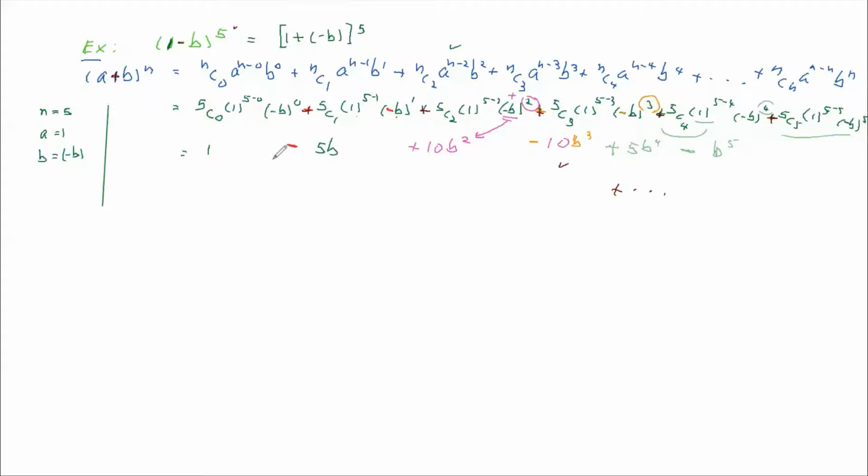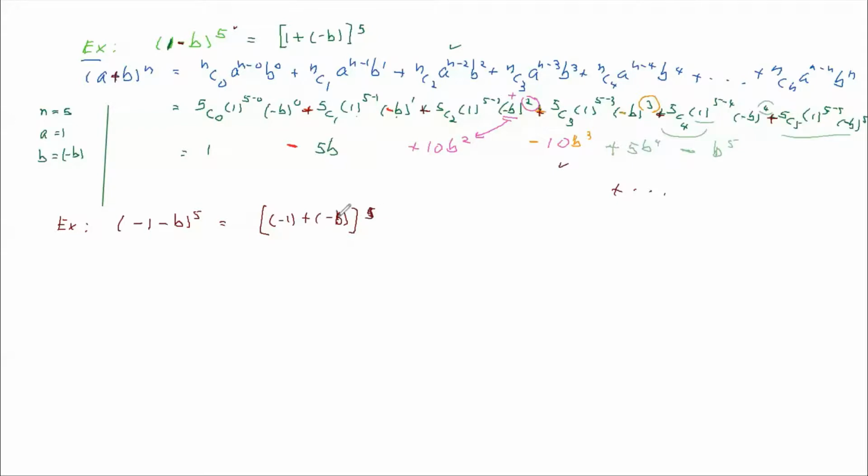Okay, that's an example with the negative sign. So if for example the question gives you both a and b as negative, for example here, say minus 1 minus b like this. In this case, you just follow the pattern of the formula with the plus sign, right? So you have minus 1 here, plus minus b, and the whole thing power 5.